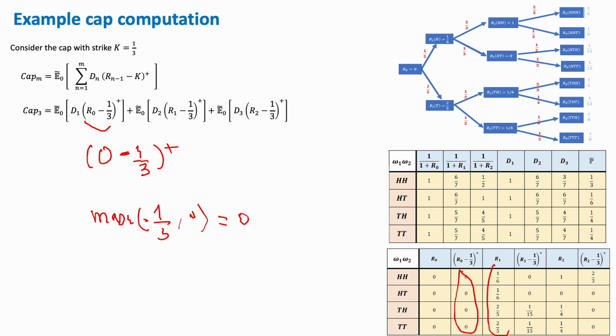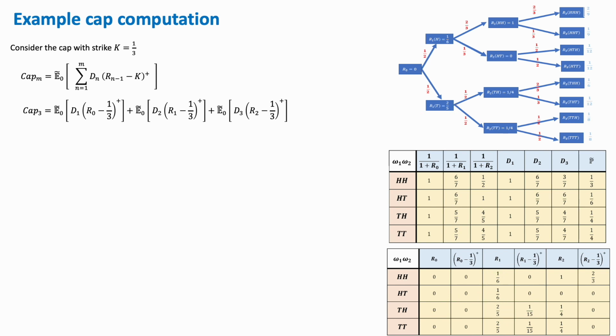Again, we have R1, and we know the value of R1 for each of these states of the tree. Then we can just put this value here, take this R1 and minus 1/3 and see the value. If the value is less than 0, then we just replace it by 0 because it's floored at 0.